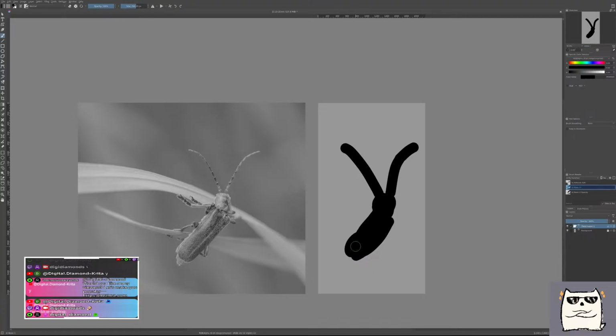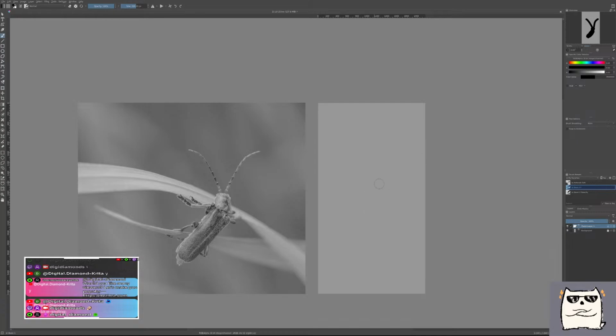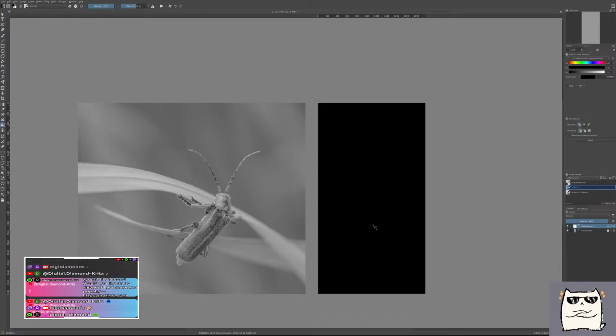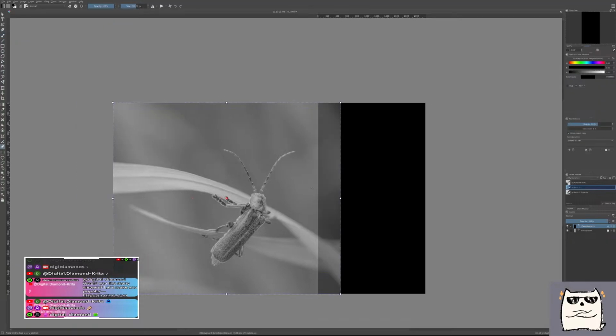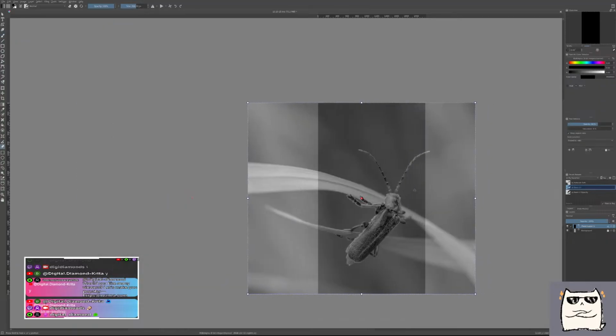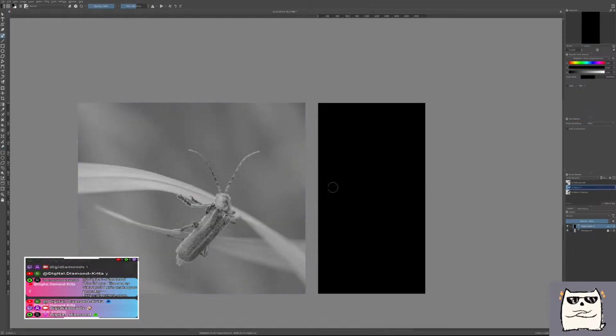No, that's not leaf, that's grass. That it is hanging on to is brighter than the background. But then of course you would lose. Let's do some experiments. Let's just experiment.